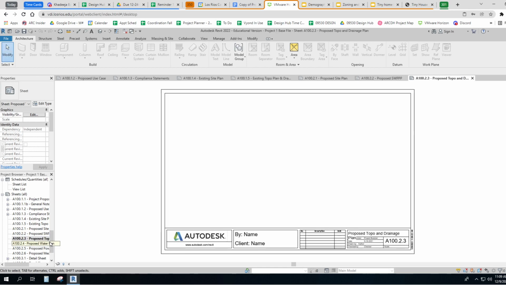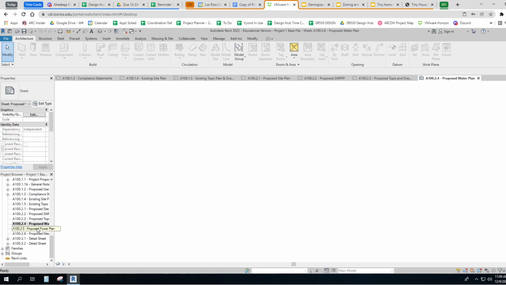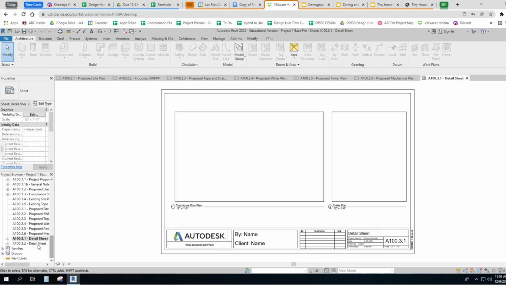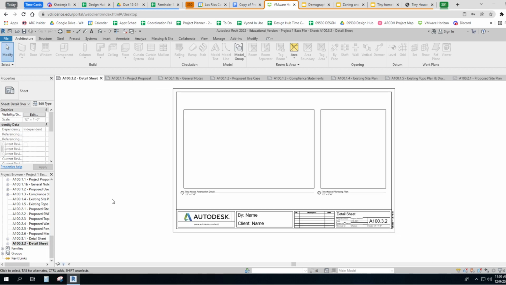And your proposed topo and drainage so that you know that you're not, by this project, changing something for one of your neighboring sites. Water plan, power plan, mechanical plan, and then detail sheets. So that becomes a fairly full one, but I want to show you some other work that might be done.